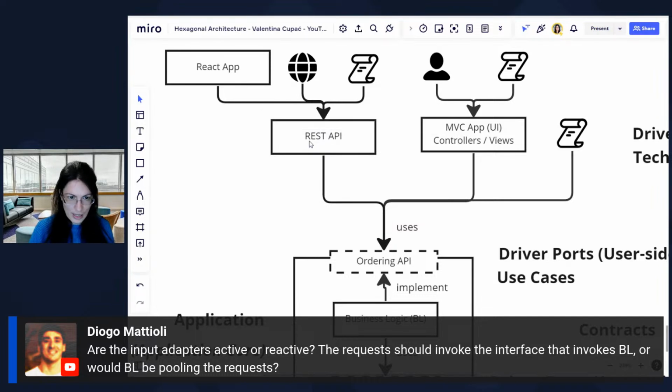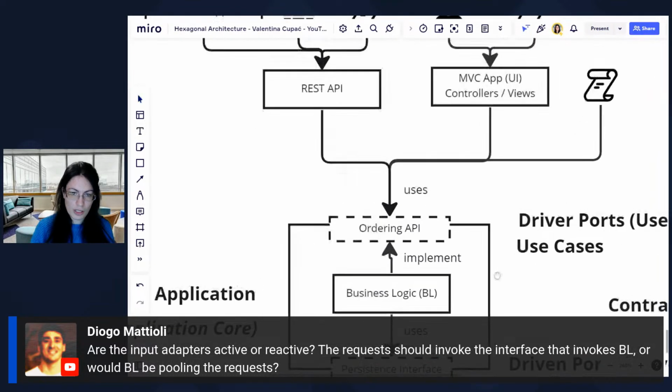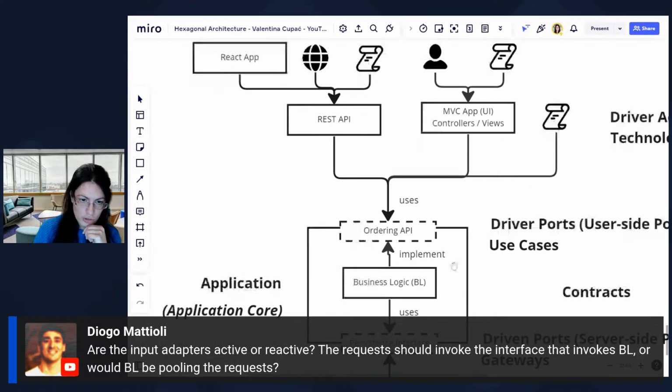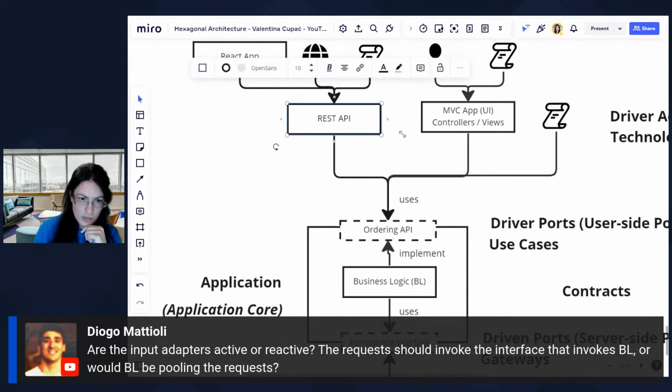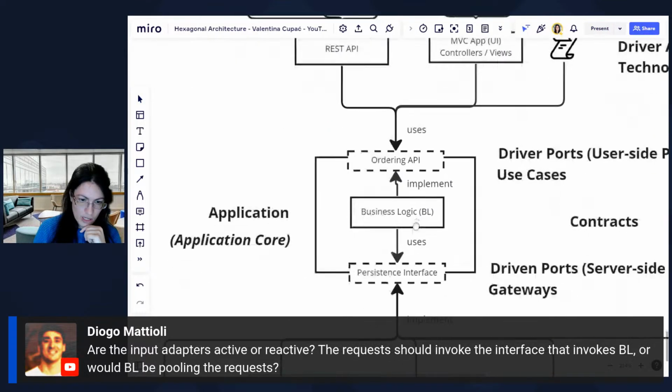So the actual controllers are literally calling the API in the source code. Then at runtime, through dependency injection, there's the actual implementation of the ordering API, which is within the application, and that's the actual execution. So just to summarize, these controllers are directly calling the ordering API.